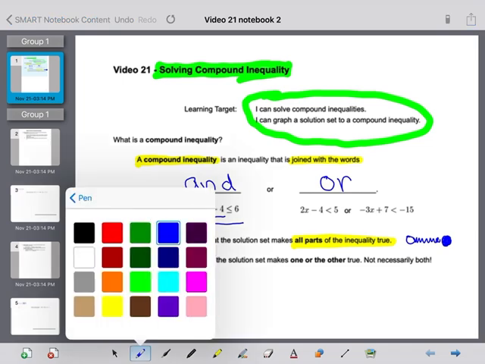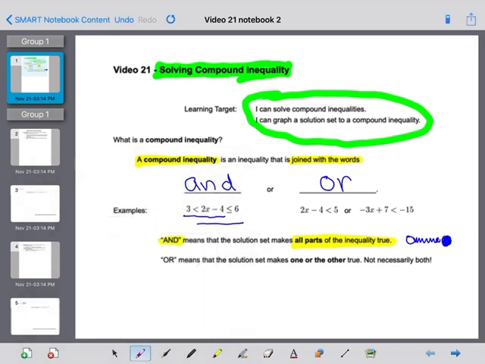An or inequality, on the other hand, is always joined by this word or. So you have to look for that word. Here we have 2x minus 4 is less than 5, or negative 3x plus 7 is less than negative 15. So again, highlighting.